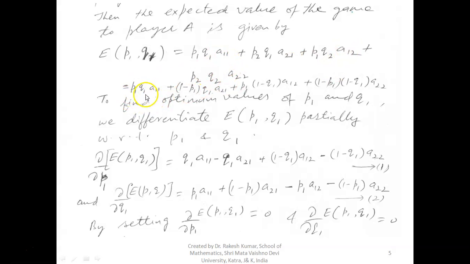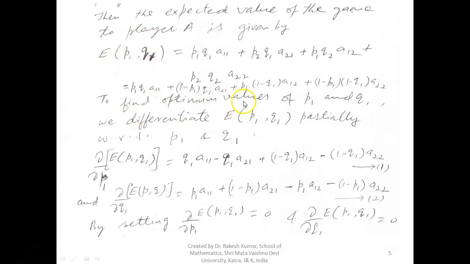Now this can further be written as P1 Q1 A11 plus P2, where P2 is 1 minus P1, Q1 A21, and so on. Simply, I have replaced Q2 and P2 by 1 minus Q1 and 1 minus P1, so that this expression remains only in the form of P1 and Q1.